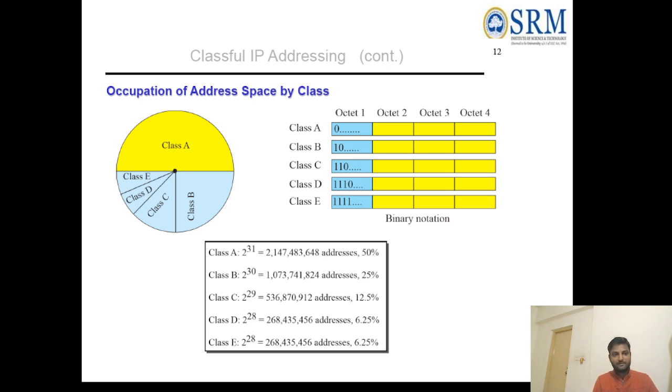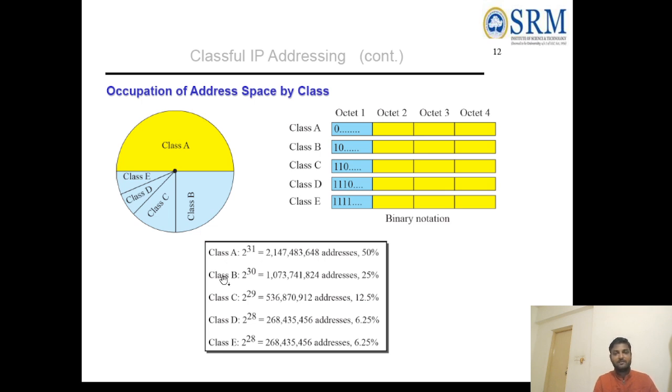So the remaining bits we can change, and the total number of bits that we can change is 32 minus the first bit, that is 1, so 31 bits. So the total address possible is 2 to the power 31, and whatever the number, it is 50% of 2 to the power 32, that is the total number of addresses.